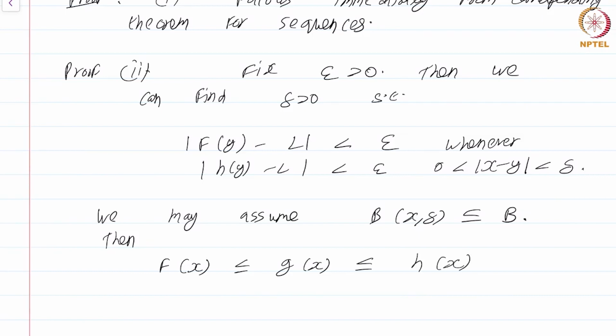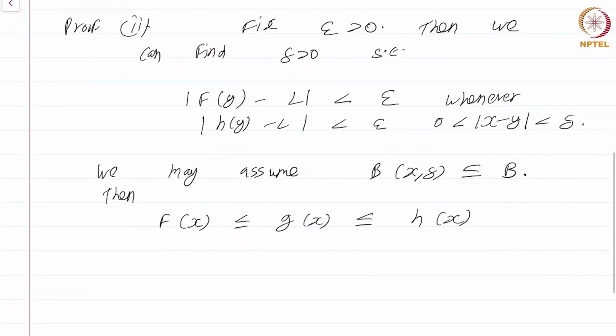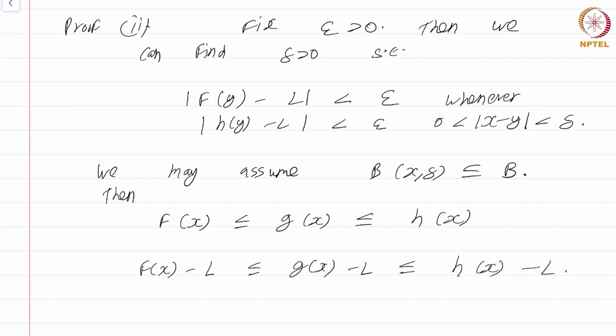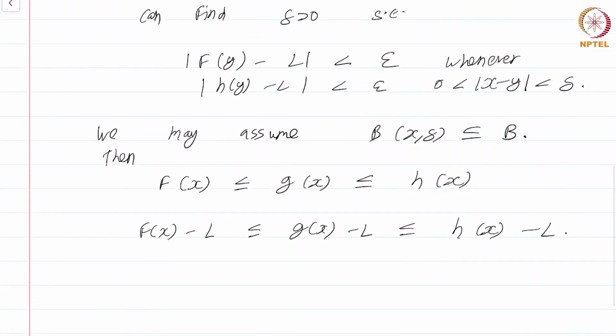And now the proof should be very, very similar to what we did for sequences. We get f of x minus L is less than or equal to g of x minus L is less than or equal to h of x minus L. Right? This just follows by subtracting L throughout the equation.